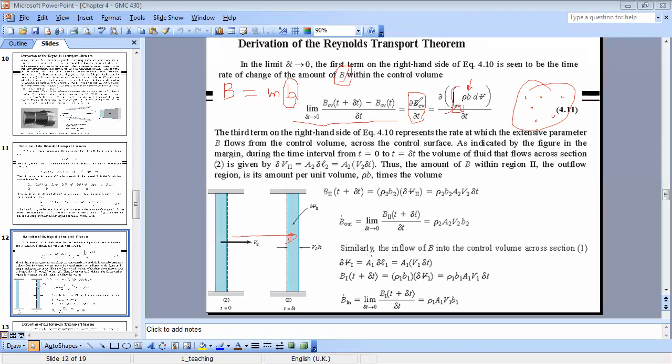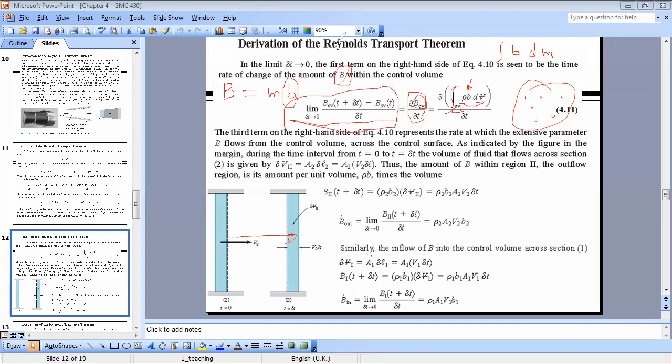This is why I can replace the property big B of the control volume by the integral of small b dm, and you know that the elementary mass dm can be replaced by rho dV. So the first term of our Reynolds transport theorem can be replaced by d/dt of the integral over the control volume of rho b dV, over delta t.